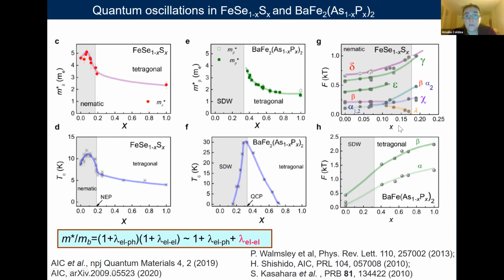So as we increase x, we increase the bandwidth, and we are likely to reduce the strength of this correlation. And this is why the Fermi surfaces keep increasing as we increase x, both in the series iron selenium sulfur and also in the barium-122 system.